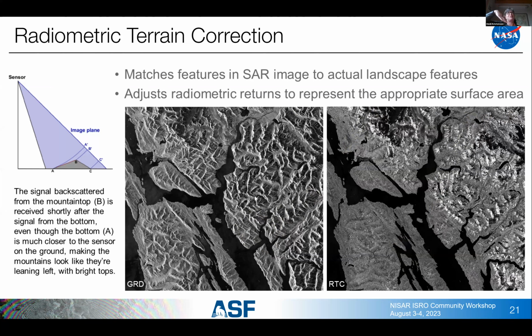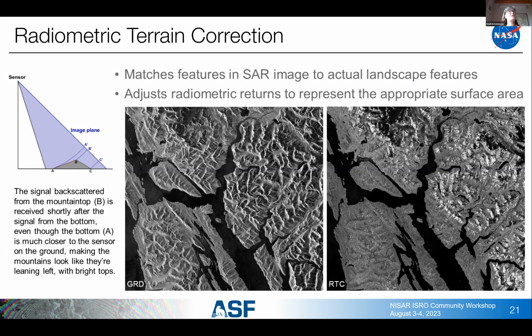So you have a mountain slope and you have a signal coming in, and it's possible to be receiving returns from near the bottom of the mountain and near the top of the mountain coming back to the sensor at about the same time. And so the sensor interprets that as being from one place on Earth, even though it's an entire mountain slope that's contributing that backscatter.